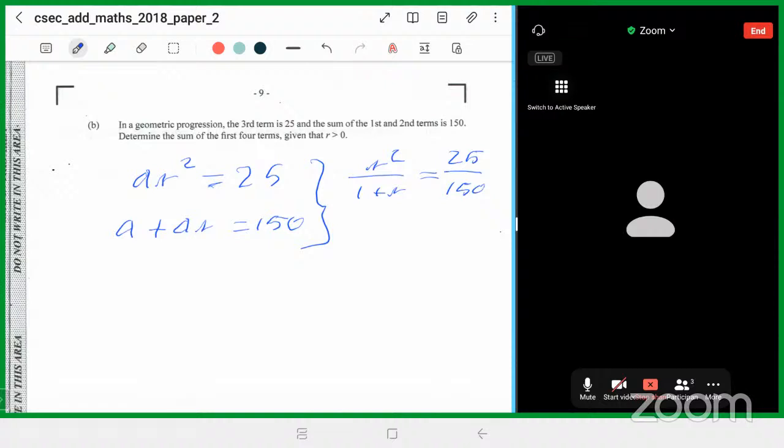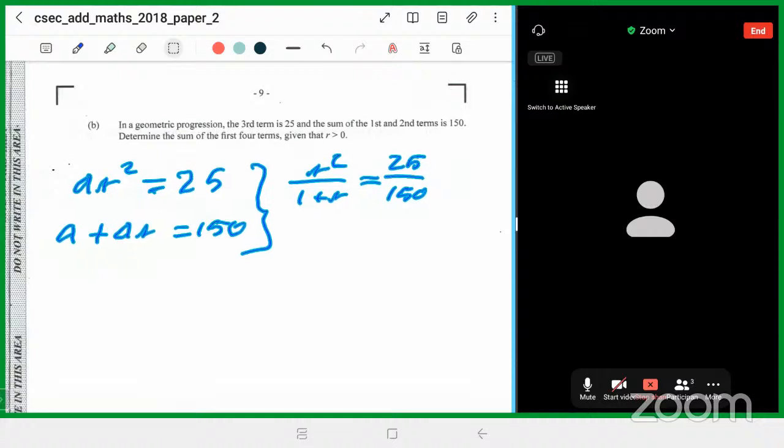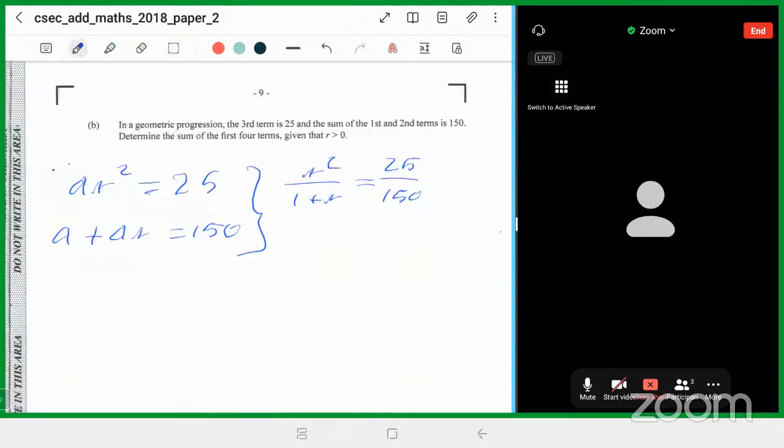What is 25 over 150? 1 over 6. So R squared over 1 plus R equals 1 over 6.